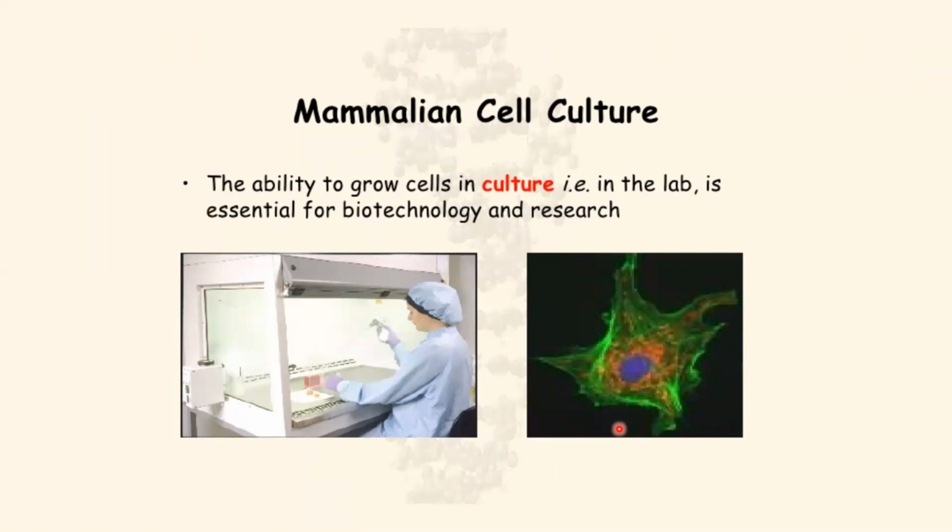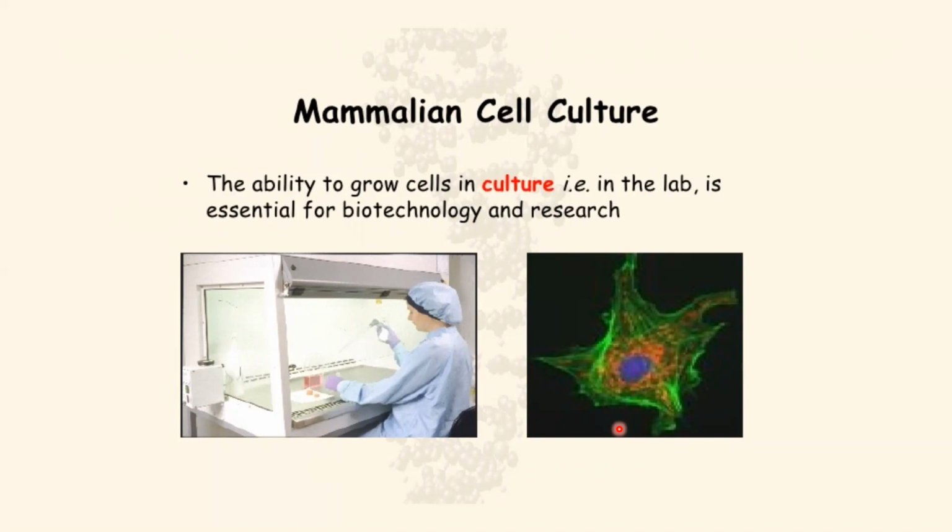The ability to grow cells in culture means we have isolated, harvested, or excised cells or tissues, and we grow them inside a lab under a controlled environment. This is known as a mammalian cell culture.